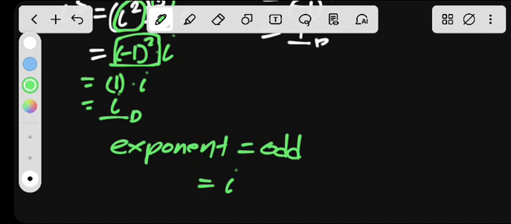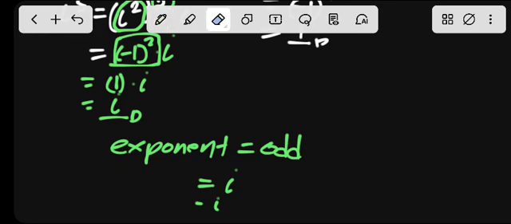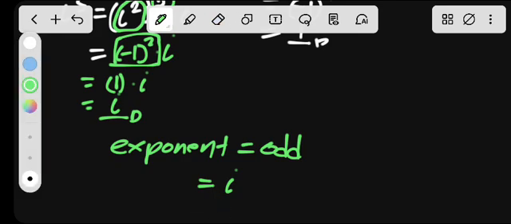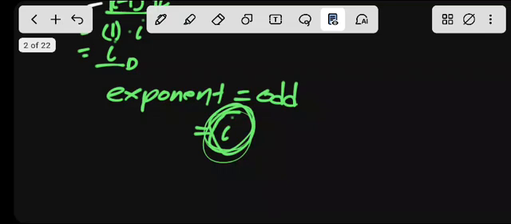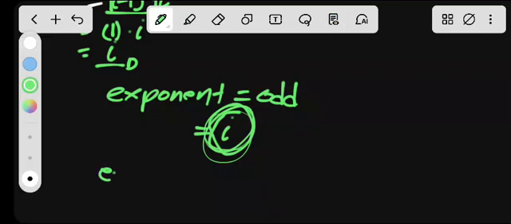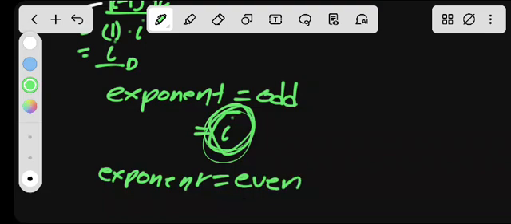It's either negative j or positive j, but it must have this j. Our final answer must have a j surely. But if your exponent is an even number, let me just say odd number there.